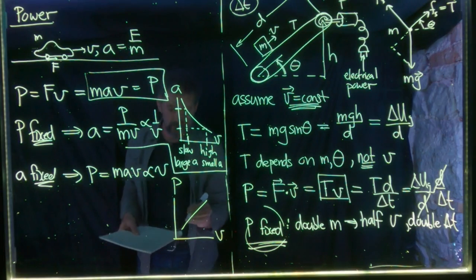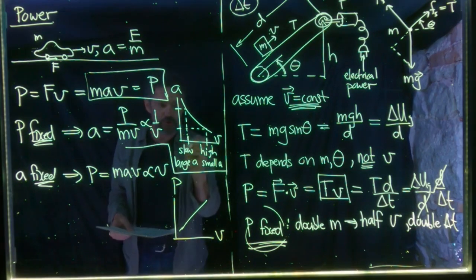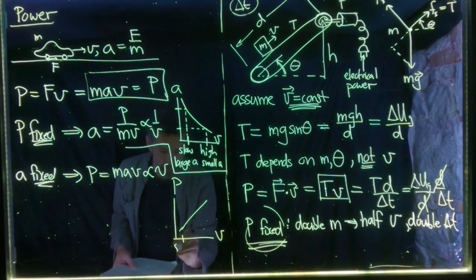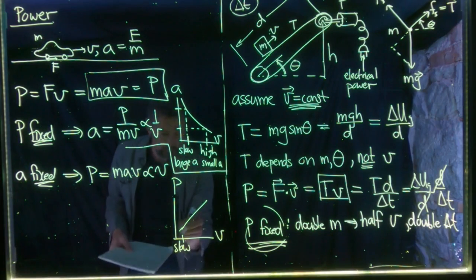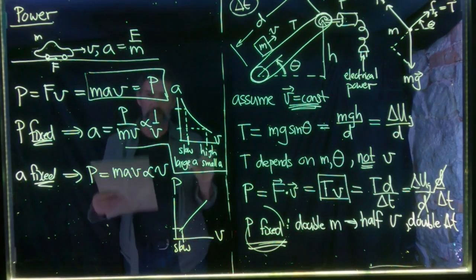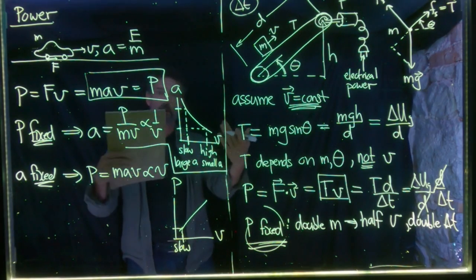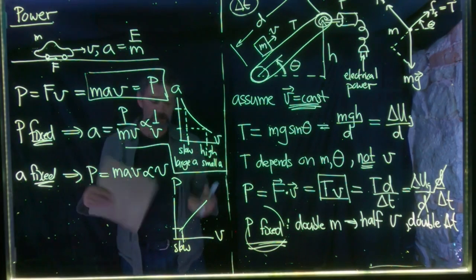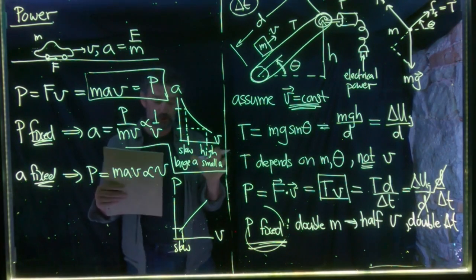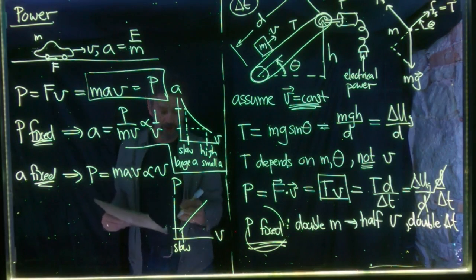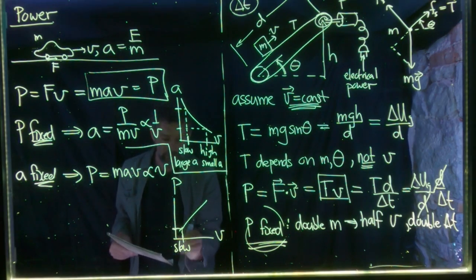So what this is saying is that if you're moving slowly, then in order to produce a fixed acceleration, where I can feel myself being pushed back into the seat, that requires a low power.